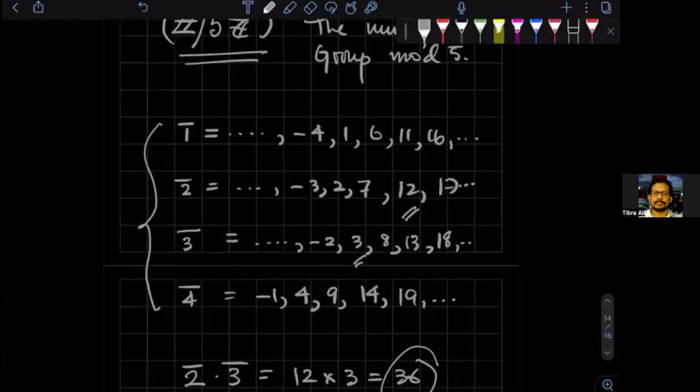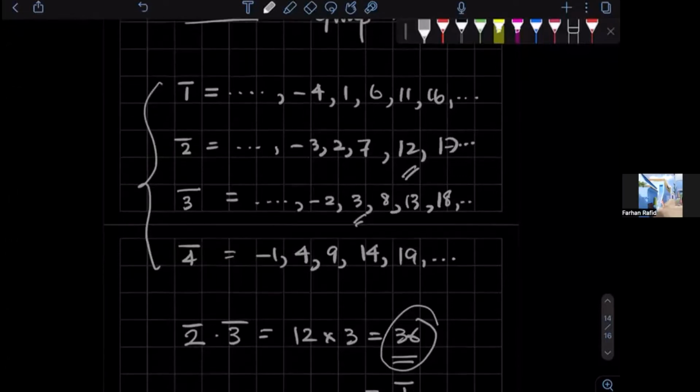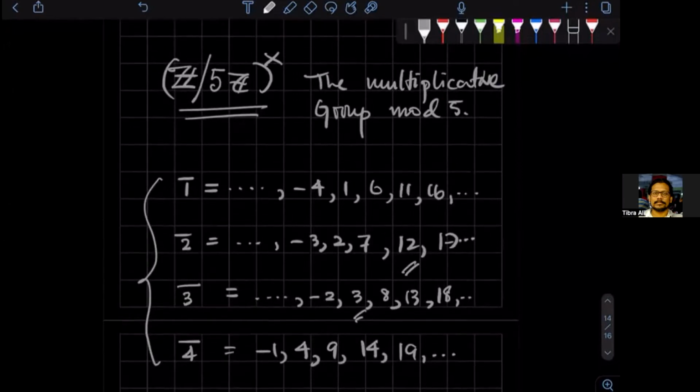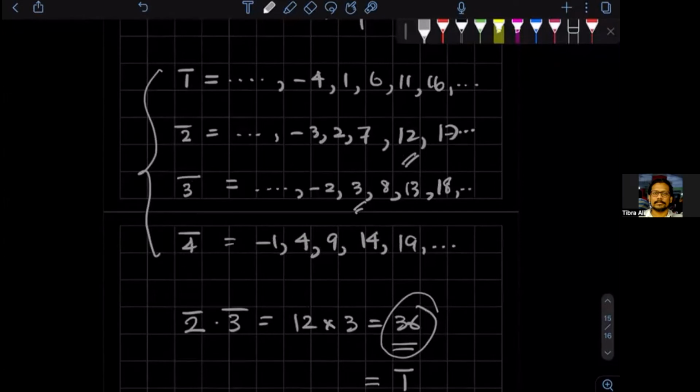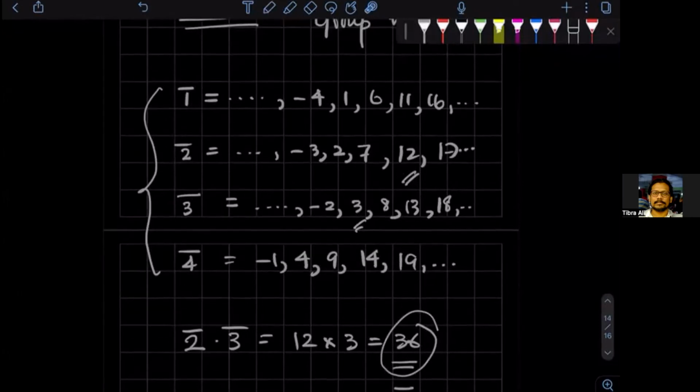Okay, so I'm back. Shall we start? Yes. Okay, so just one comment is that, this new group, the multiplicative group mod 5, the way that the equivalence classes have been chosen is that they exclude all multiples of 5.